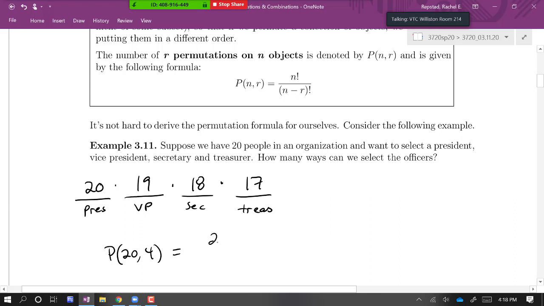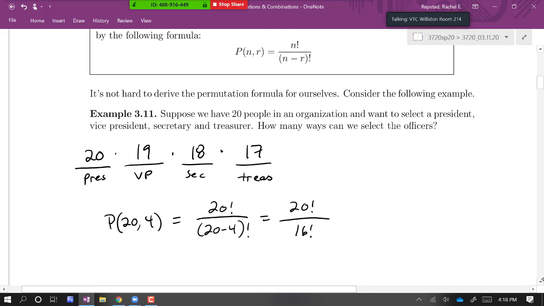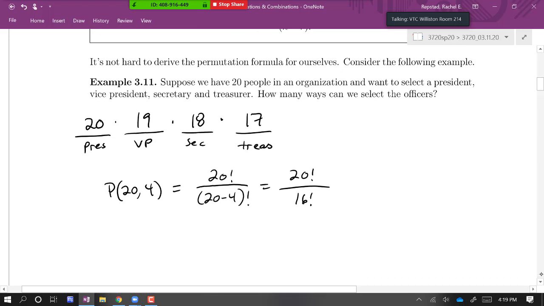And this would look like 20 factorial over (20 minus 4) factorial, or 20 factorial over 16 factorial. Now, if you're thinking, okay, I better figure out what 20 factorial is and then divide it by 16 factorial, that's the hard way to do it. If that's what you're into, you could do it, but I feel like you're not going to have a nice time. There's an easy way to do it.